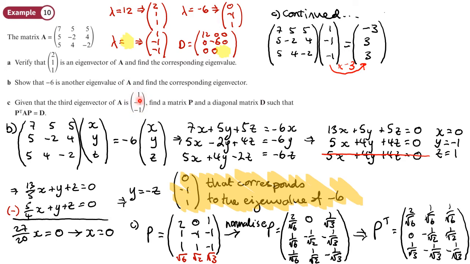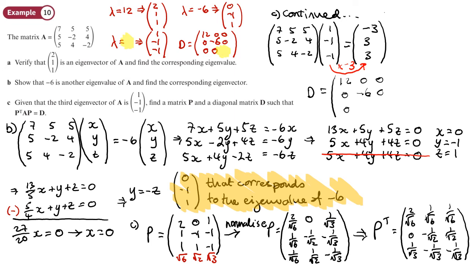So now I don't need to multiply P transpose AP. I know that D is going to be equal to the eigenvalues. So my first eigenvalue was 12. The second one was negative 6.